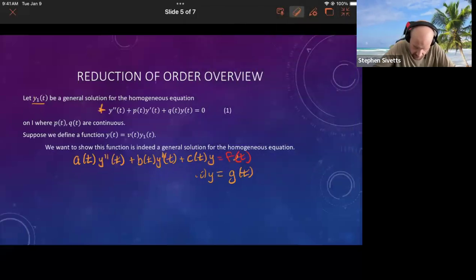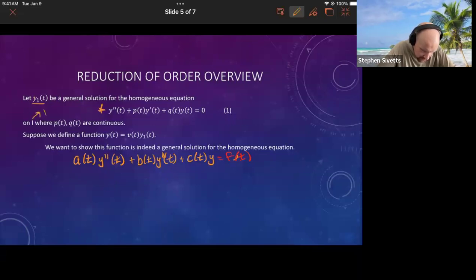Now, I is an interval where p of t and q of t are continuous functions, right? And so the idea is this: we want to suppose that a function y of t equals a product of v of t times y1 of t.